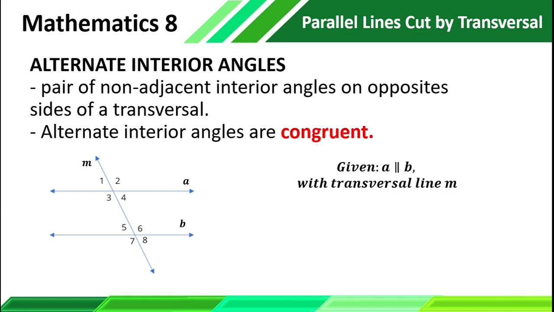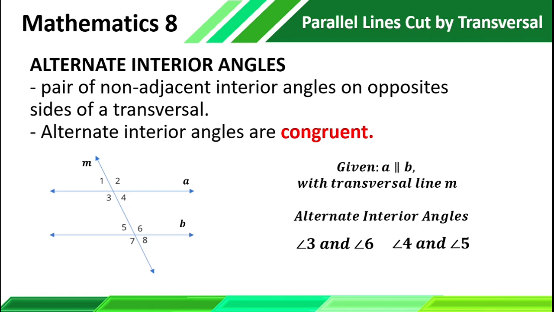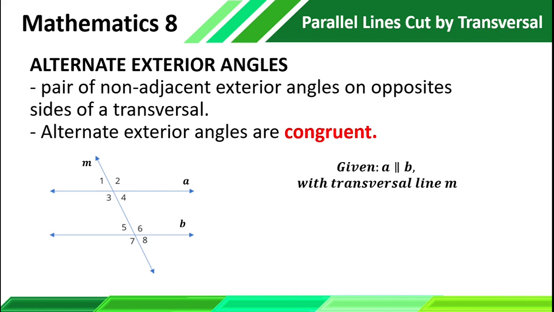These are a pair of non-adjacent interior angles on opposite sides of a transversal. Alternate interior angles are always congruent. So in our figure, the two alternate interior angle pairs are angle 3 and angle 6, and angle 4 and angle 5.